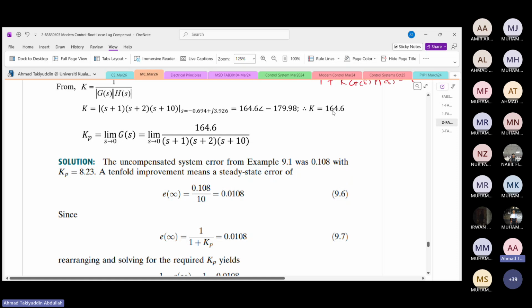With K equal 164.6, you can find your KP. Your KP now is 8.23. I'm just going to recap what you need to come out with the lag compensator. Knowing that you want a tenfold improvement, the error will be 0.0108. This is considered the desired error that you want after you add in the lag compensator.